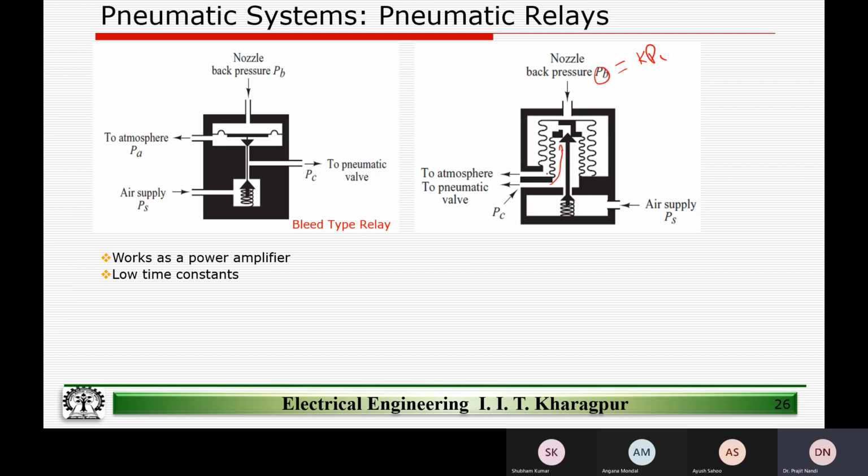So this pressure will be equal to PC, and that will ensure there is no more movement of this guy here, and then this is sealed. In that case, you can see that there is no leakage from here to here.